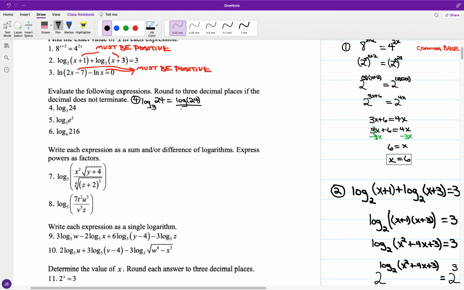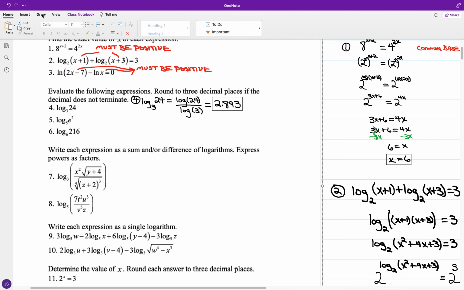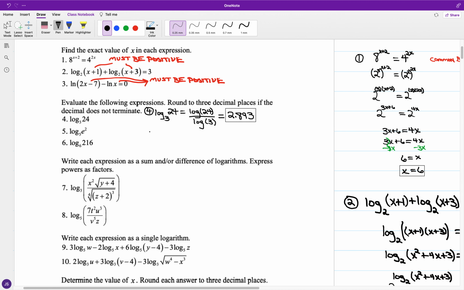So the base 10 log of 24 over the base 10 logarithm of 3, to about the nearest 3 decimal places, is going to be about 2.893. I want to go ahead and skip on over to number 6.